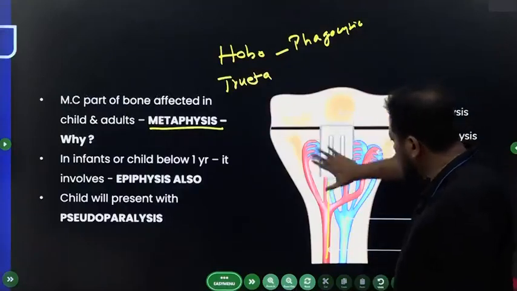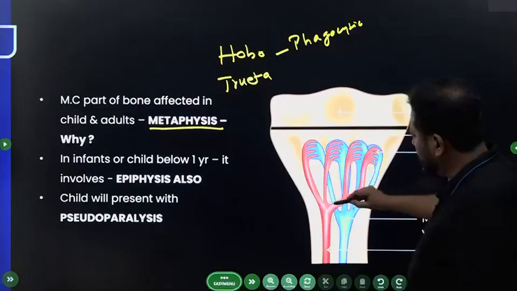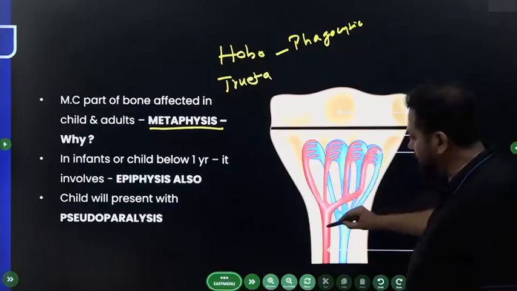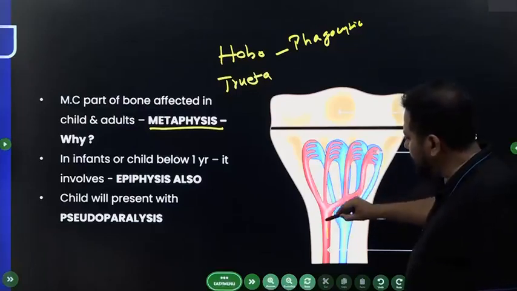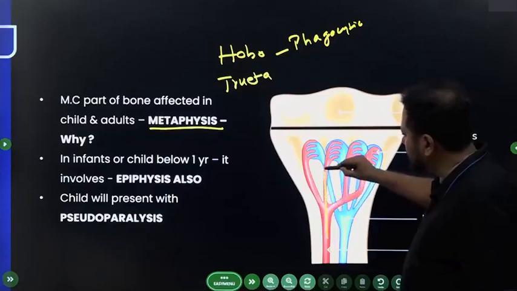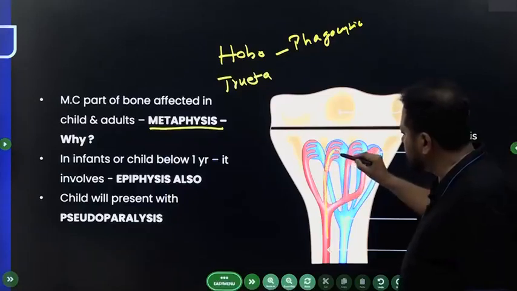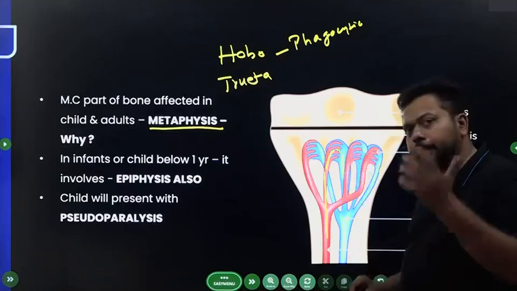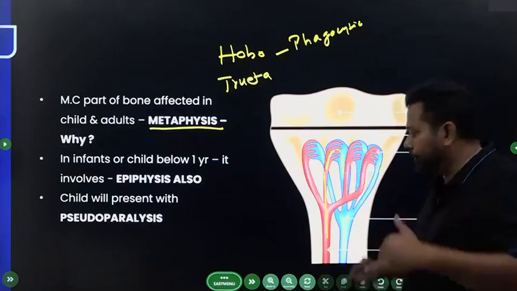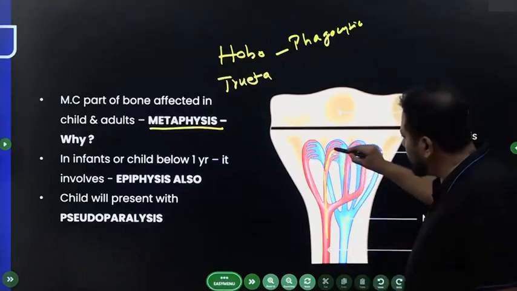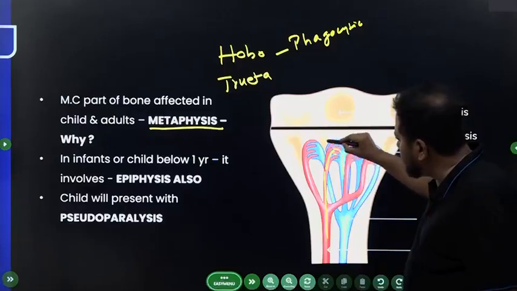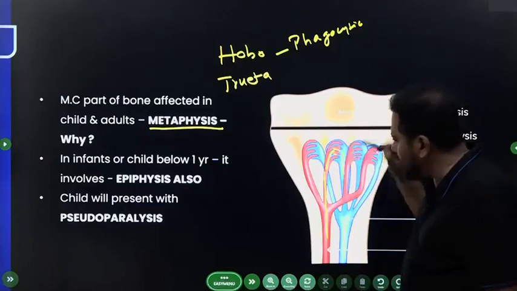Right. But here there is a hairpin bend vessel. So whenever an organism comes here, it slowly gets slowed down because of the hairpin bend vessel. When it is slowing down, the Staphylococcus organism can escape from here and get lodged in the metaphysis.